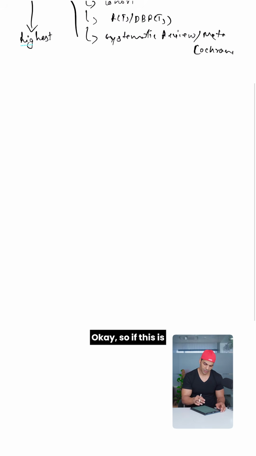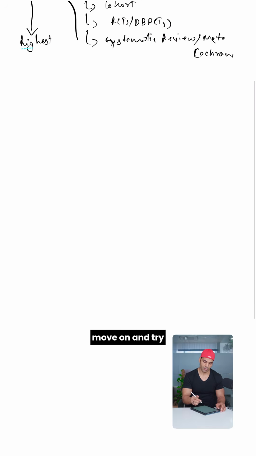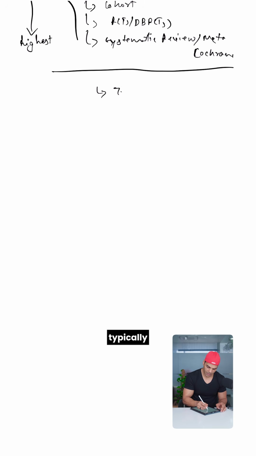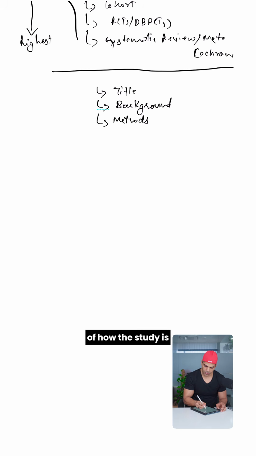Okay, so if this is clear, then let's move on and try and understand how we do research interpretation. But before that, we have to understand the format of a study. So a study would typically have a title. It'll give you some background as to why the study was being conducted, right? And it will talk about the methods of how the study is being conducted, if it's an RCT, if it's an observational study, the subjects and all those things.